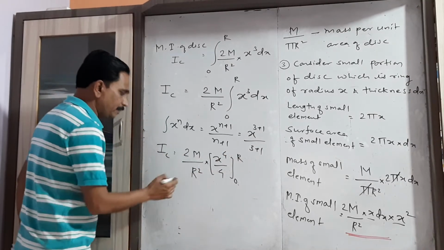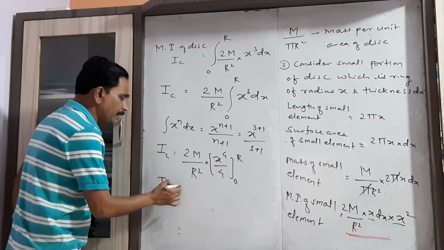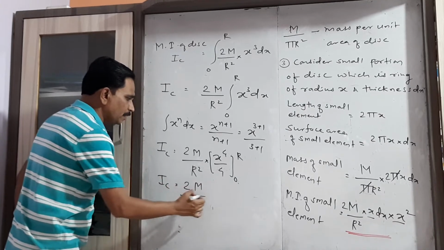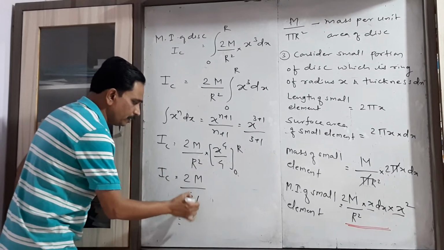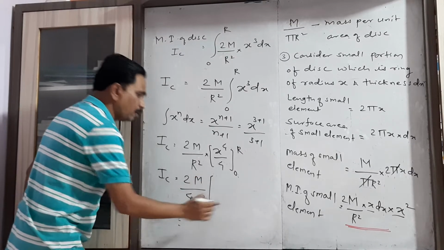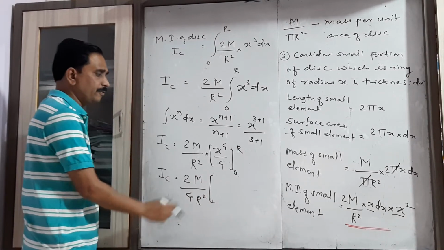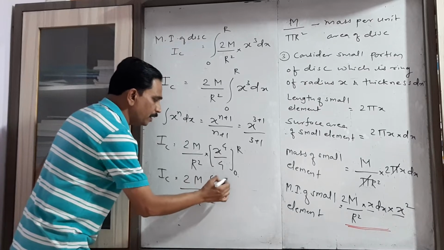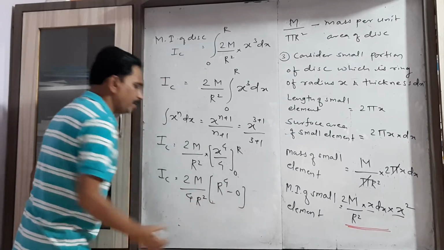Now if I put the limit, that is twice m upon, I take this 4 common, that is twice m upon 4r square. Now put the upper limit minus lower limit.